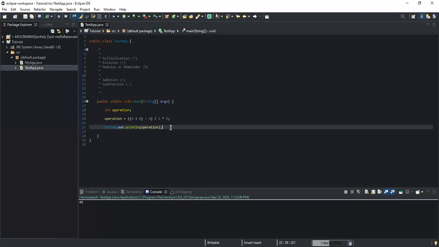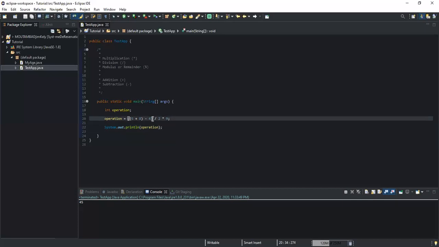As you could see, if we don't use brackets, it becomes much more complicated and much more difficult to understand and make the calculation. So that was it concerning the order of precedence and how it is applied with Java arithmetic operators.